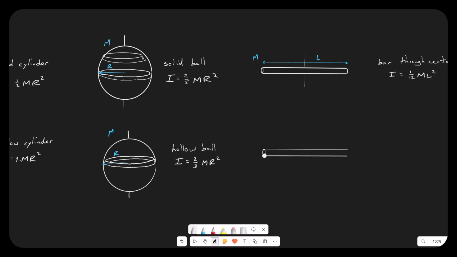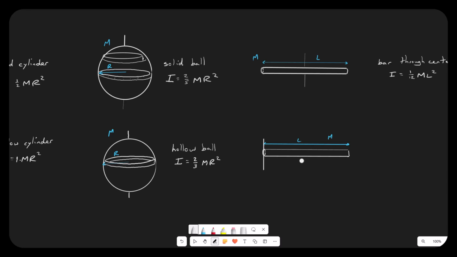If I take the same bar and put the axis instead through the end, I expect, correctly, that the moment of inertia is going to be bigger. It's going to take more to swing this bar around by the end than it does by the center.